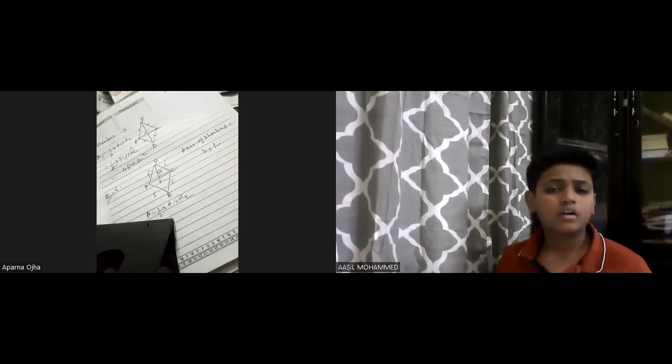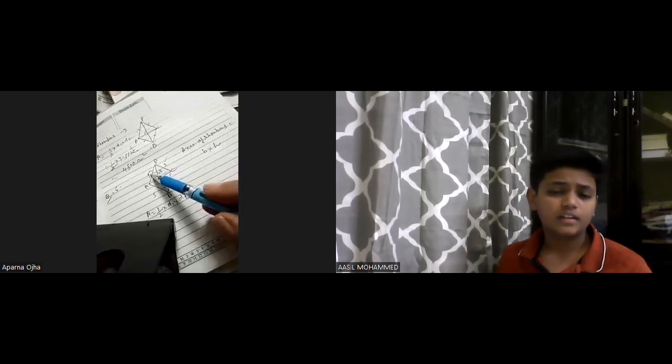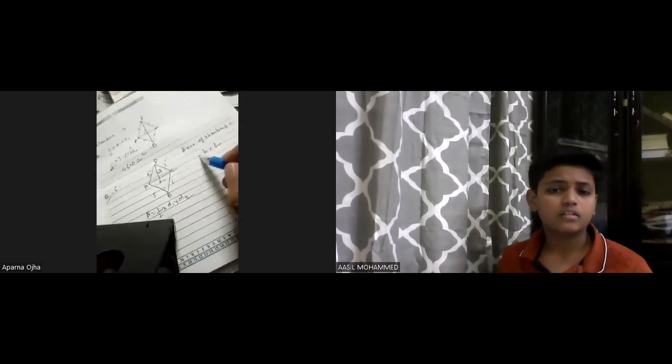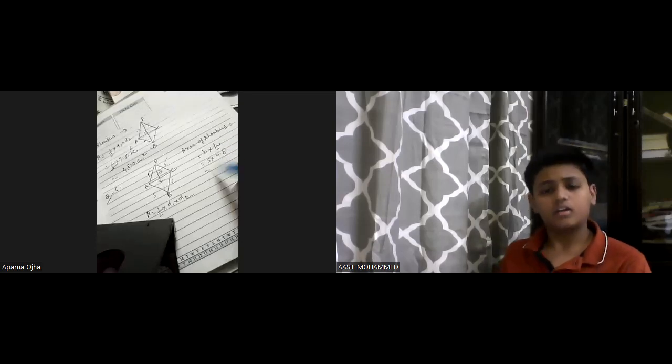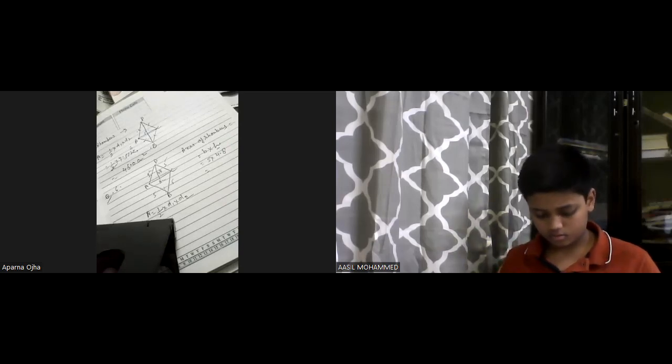Just like the square or the rectangle, base into height. And you will see the base is given, that is 5 centimeter, and height, altitude, means 4.8. The height is also given, that is 4.8. So how much will the area be?